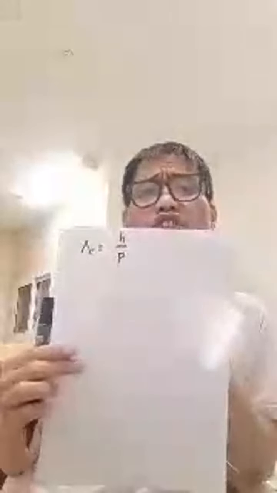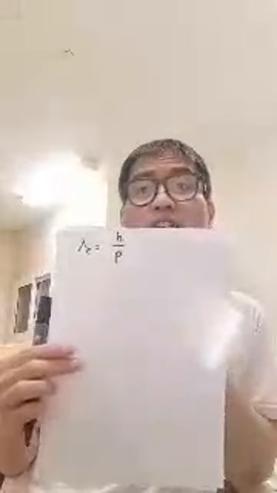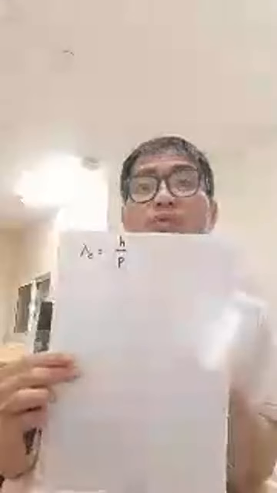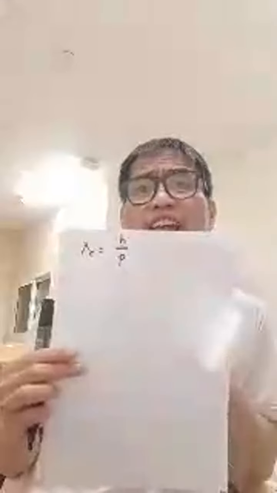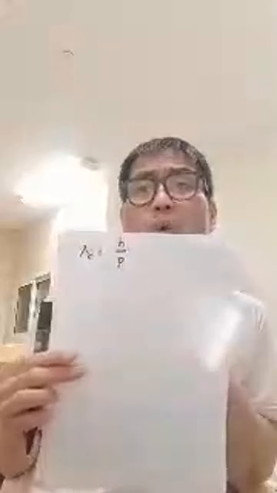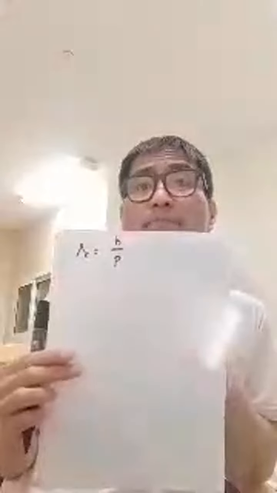The wavelength of an electron is equal to the Planck constant over the momentum. This is the Louis de Broglie equation, a very simple one. The wavelength of an electron is equal to h, small letter h in the numerator, which is the Planck constant, equal to 6.626 times 10 to the negative 34 joule seconds, over capital P, momentum.